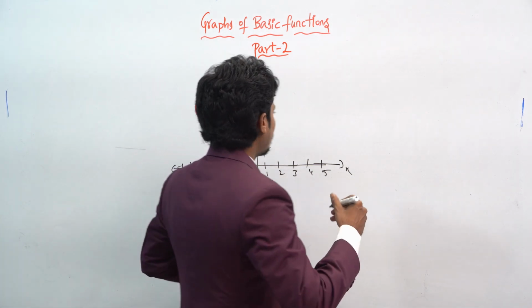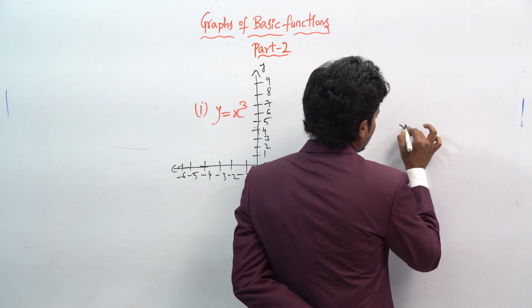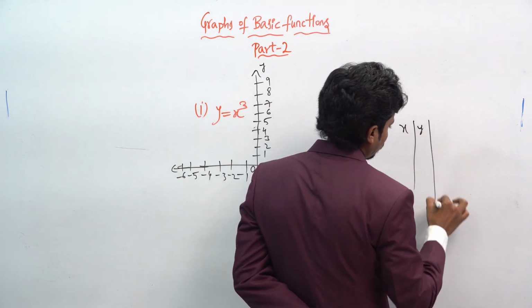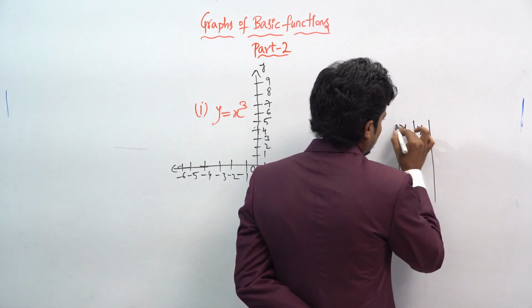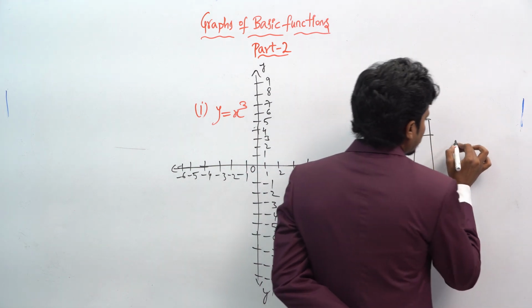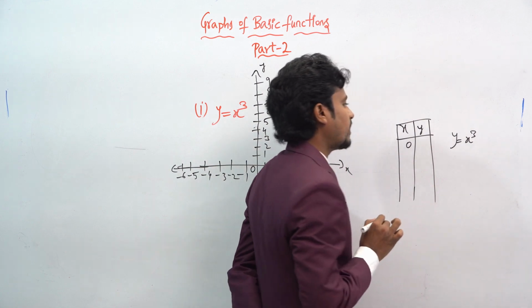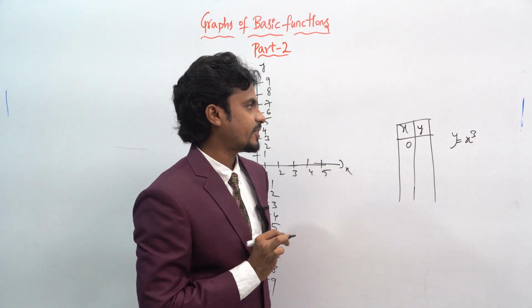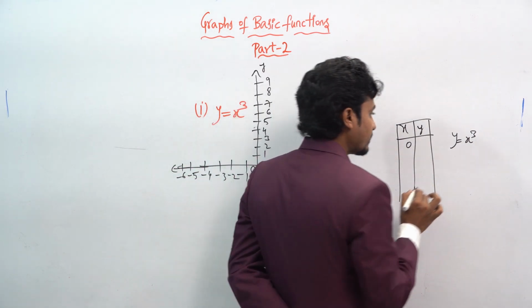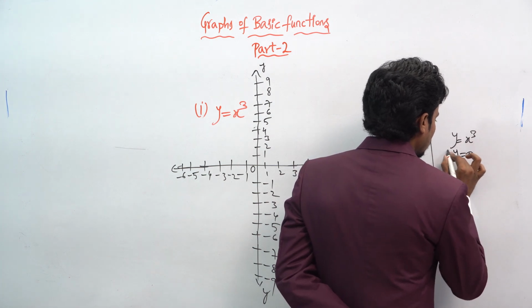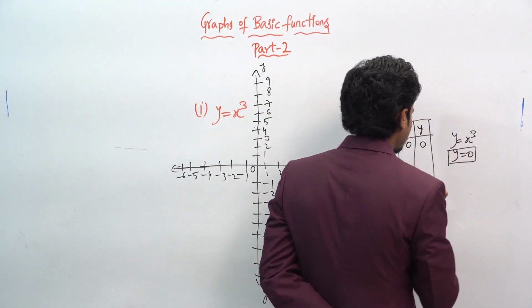First step, you have to take the input as well as the output. If you take y is equal to x cube, in place of x put x is equal to 0, what will happen? Y becomes 0.